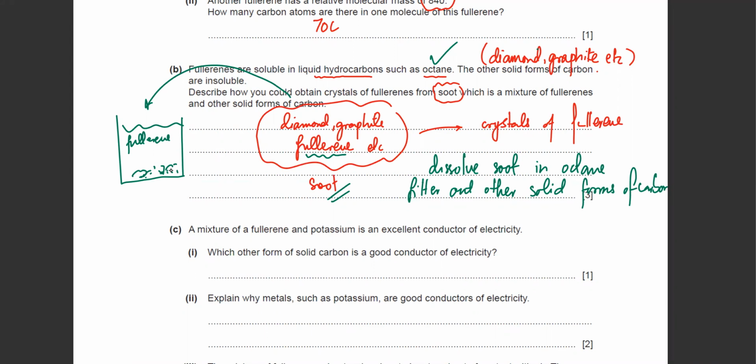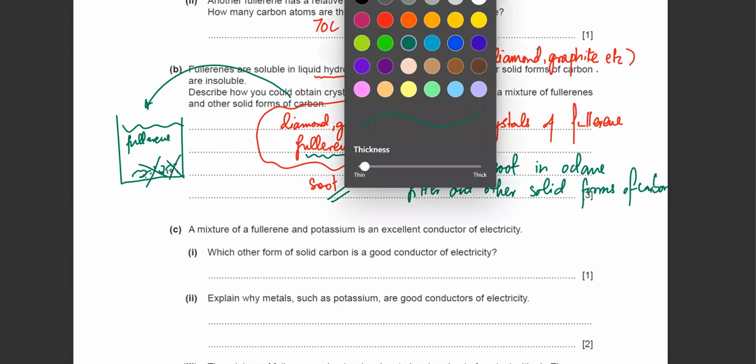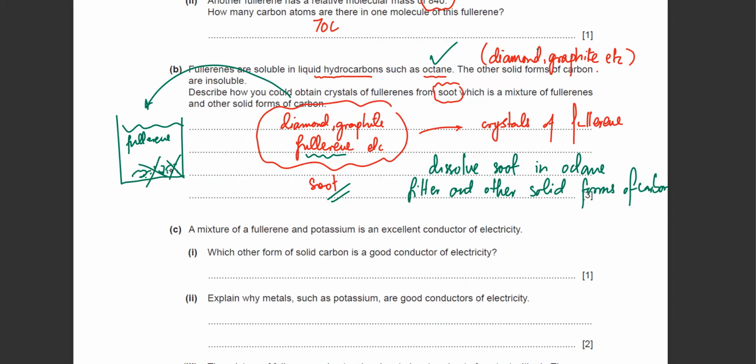And once these solid forms are gone, you can simply crystallize it. What's the process of crystallization? That you want crystals of, you evaporate the filtrate, like you can evaporate the petrol to crystallization point.